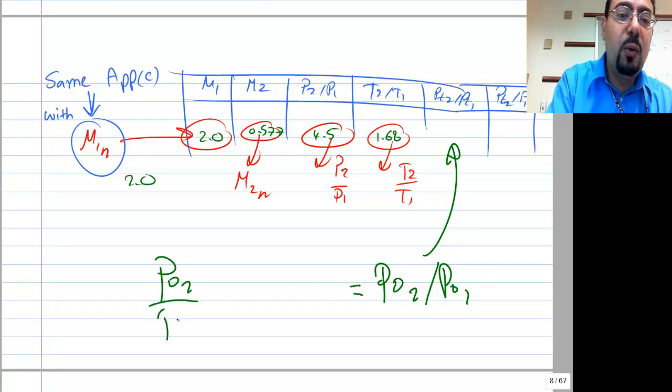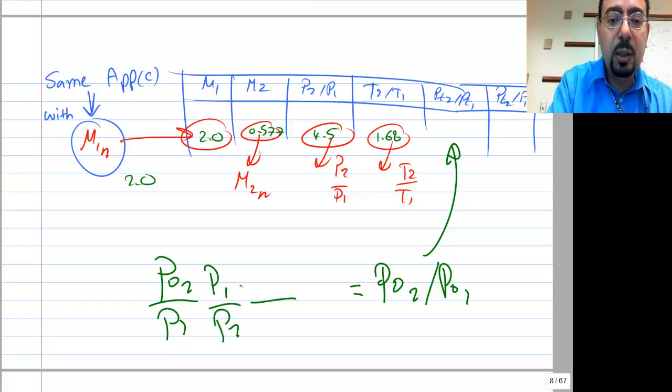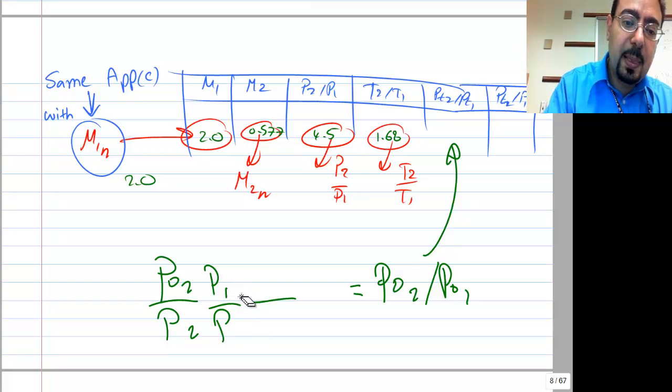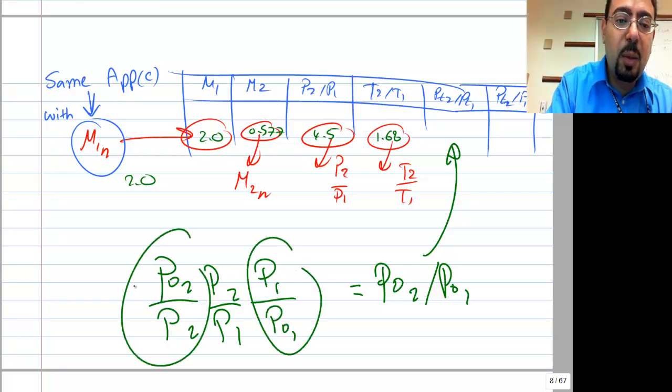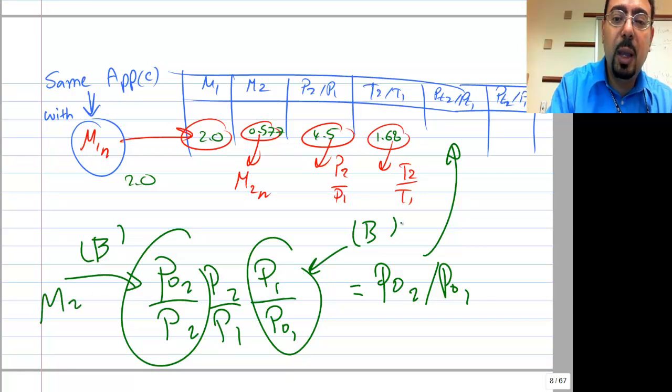If you remember, it has P naught 2 over P2, and then P2 over P1, and then P1 over P naught 1. And they got those two guys from appendix B, using M2 and M1. And they get this from the normal shock equation, just the one that's over here.